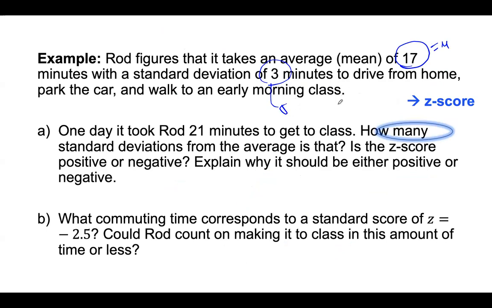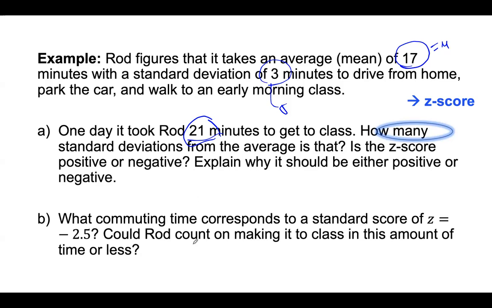So it takes about this. One day it took Rod 21 minutes to get to class. How many standard deviations from the average is that? Is the Z-score positive or negative? And explain why it should either be positive or negative.